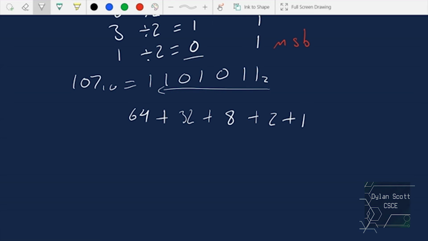I'm comfortable with it because this bit here is always going to start off with 2 to the 0. If you have a really large number, it's kind of hard to look at this one and just know automatically which power of 2 it's going to be. So we have 64 plus 32 is 96 plus 11 is in fact 107.